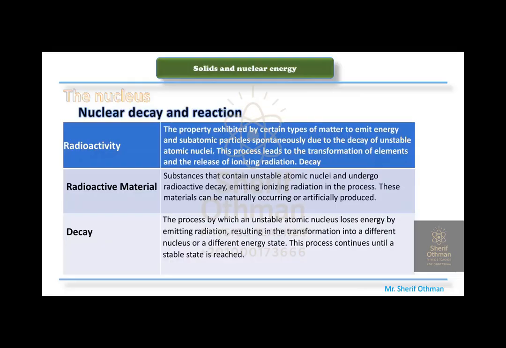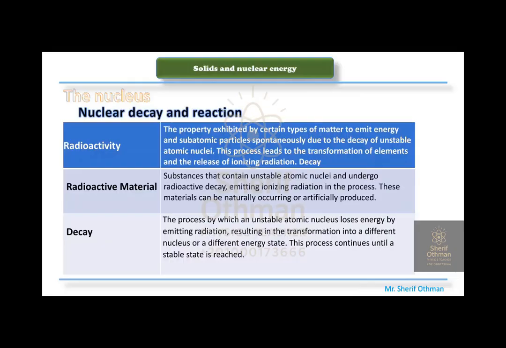The phenomenon is called radioactivity and the process is called decay. We have different types of decay according to the situation of the atom itself. It can lose 2 protons and 2 neutrons, alpha decay. It can change a neutron into a proton. It can change its energy content by losing some energy without losing particles.